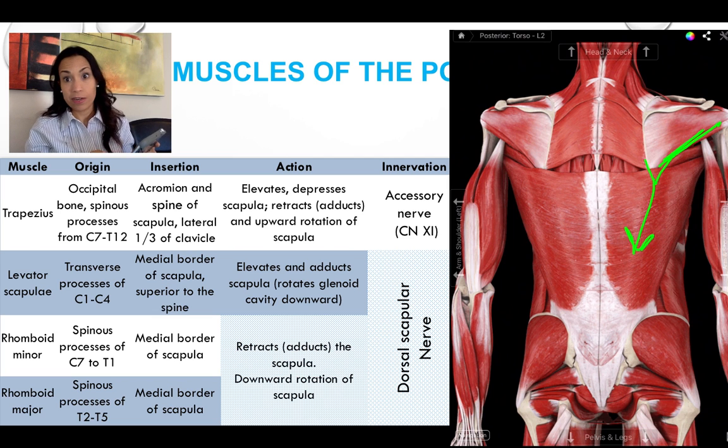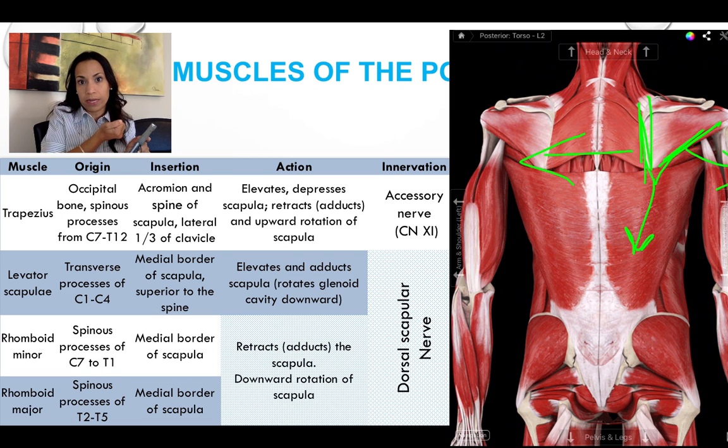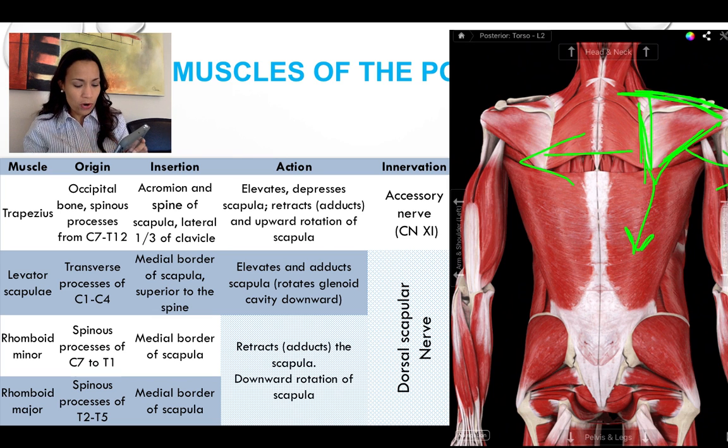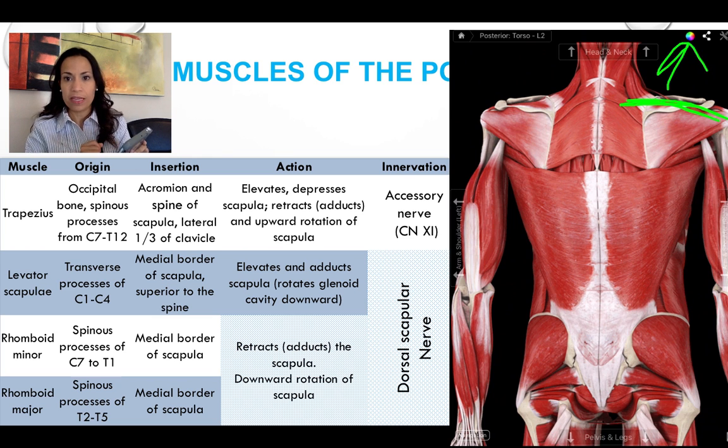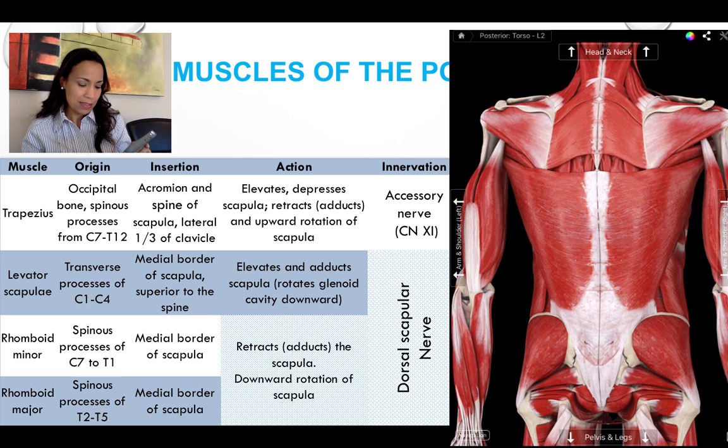Not in the lateral border of the scapula, because when you pull it, you're going to abduct or protract the scapula. Not medially, because when you contract a muscle in here, you're going to retract or adduct the scapula, right? But you are going to find this muscle attached somewhere superiorly so you can elevate it, okay?